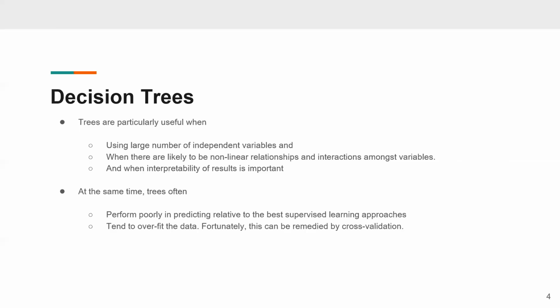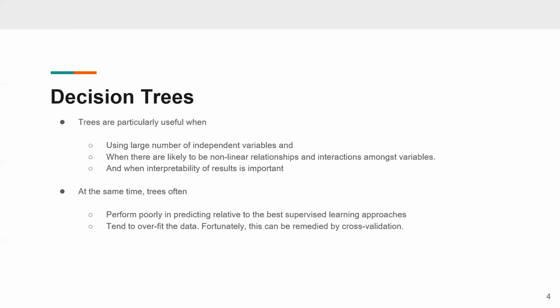At the same time, trees often perform poorly in predicting relative to the best supervised learning approaches, meaning decision trees are not doing so well compared to some other supervised learning methodologies, which we will be studying down the road as well. It tends to overfit the data, so you have to deal with the overfitting issues in decision trees.